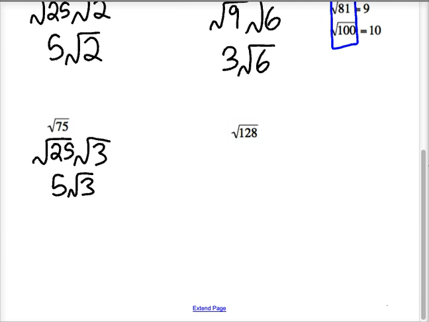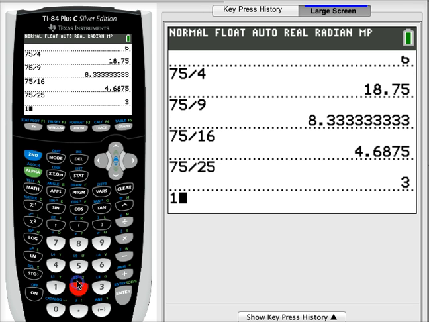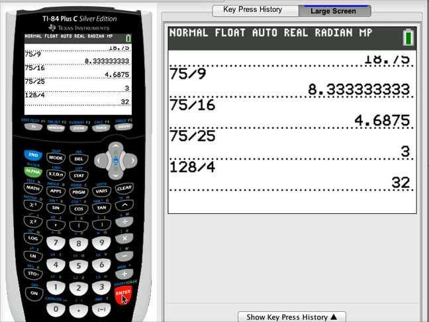All right, 128. Again, that's a relatively big number, so you may not know off the top of your head what pulls out of that. So again, let's go to our calculator. 128 divided by 4. Well, this actually ended up working. 4 times 32.